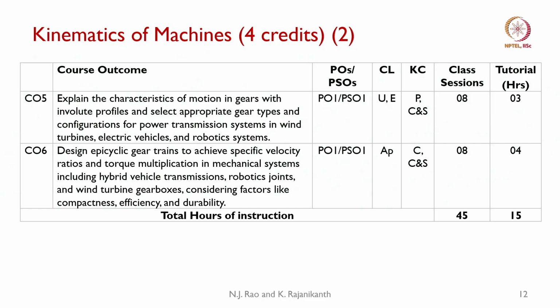So it is procedural, and the selection will depend on what we call criteria and specifications as well. Class sessions are 8, tutorial sessions are 3. Okay, that is how we can design.